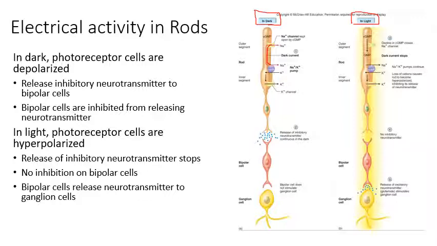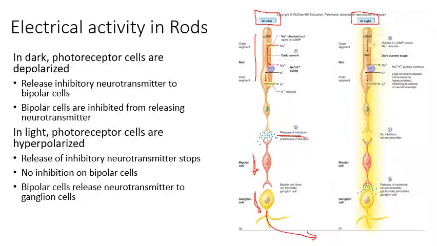And here's where it lies: the neurotransmitter that is released is inhibitory. The signaling is photoreceptors talk to the bipolar cells, then the bipolar neurons talk to the ganglion cells, and then that information is brought to the brain. In the dark, because these are depolarized, we're releasing inhibitory neurotransmitter, and that prevents the signaling of the bipolar cells and the ganglion cells.